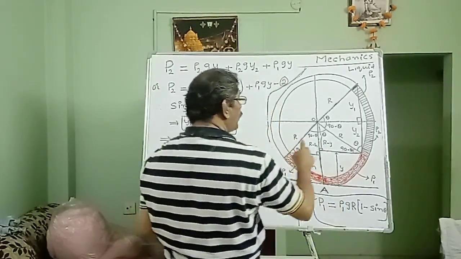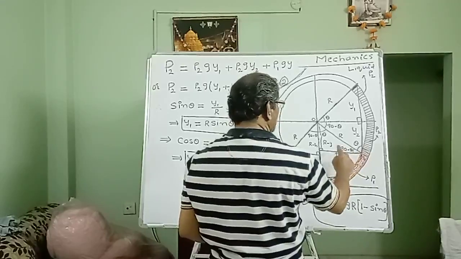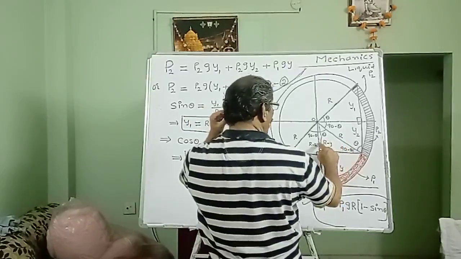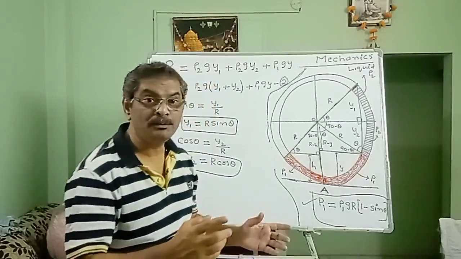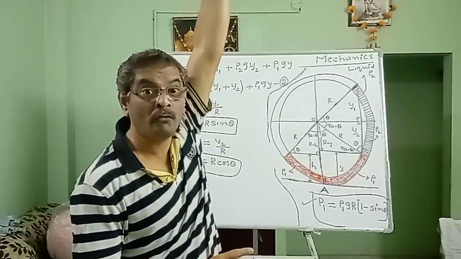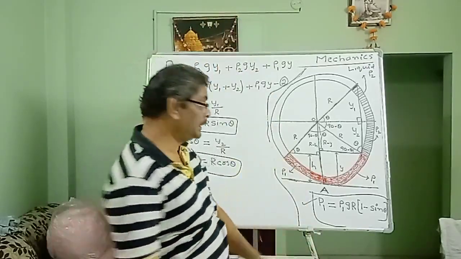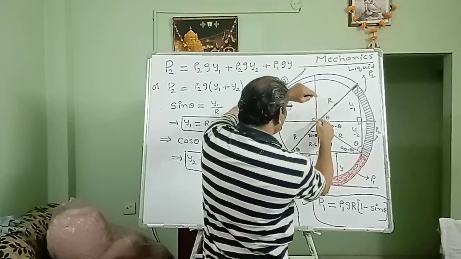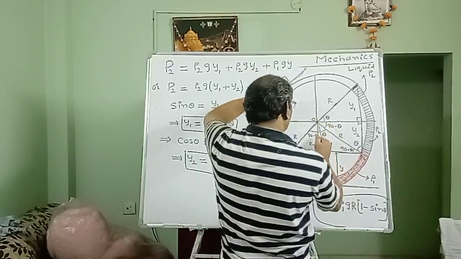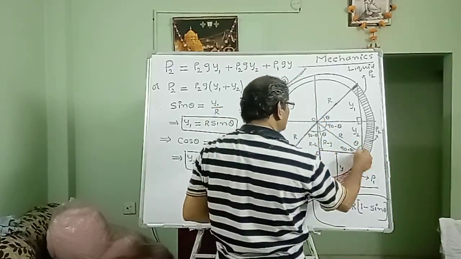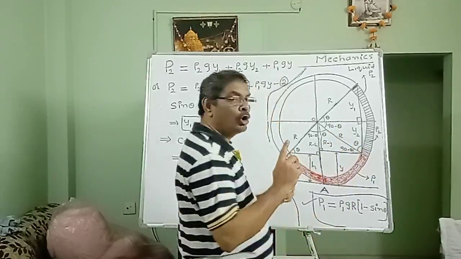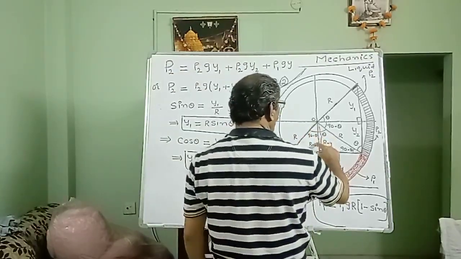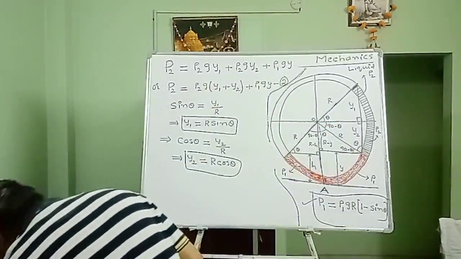Now in this right angle triangle, find the value of sine 90 minus theta, that will be equal to opposite divided by hypotenuse.